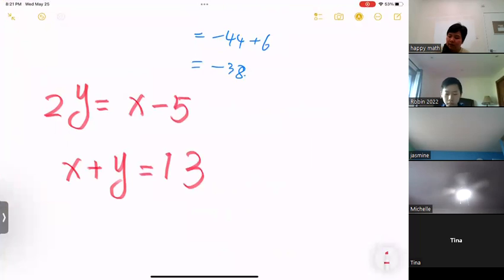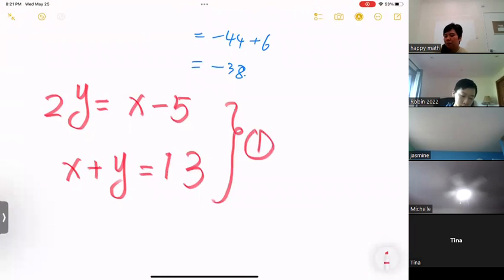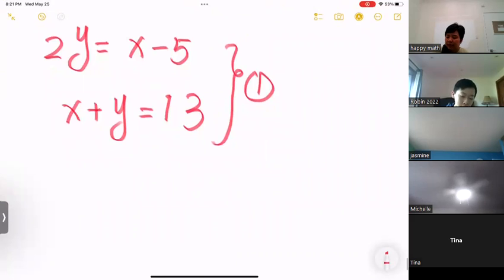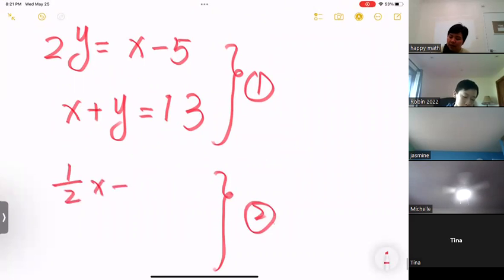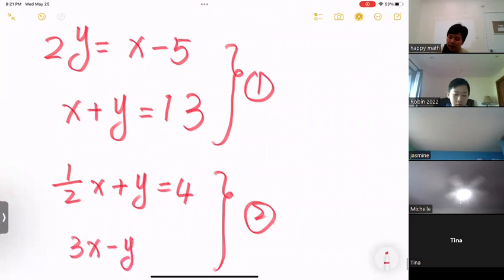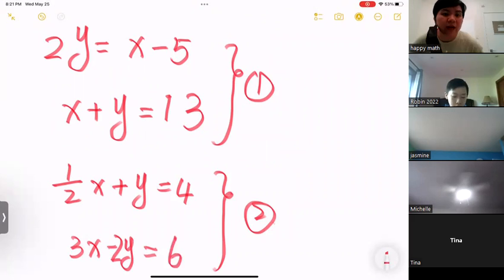This is equation group 1. And equation group 2: one half of 2x plus y is 4, and 3x minus 2y equals 6. Okay, I'm waiting for your answer.